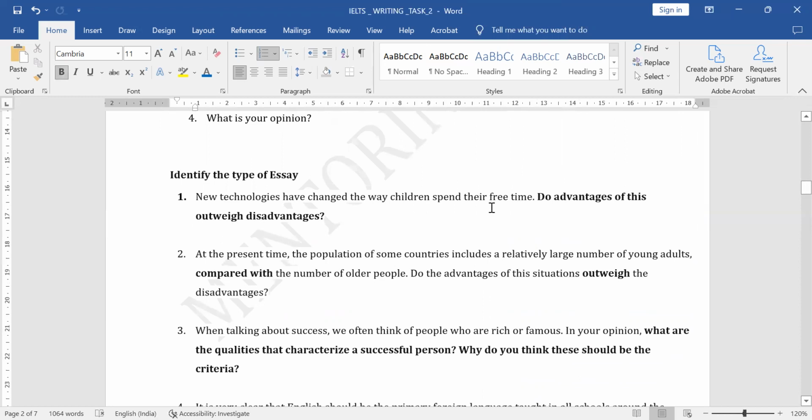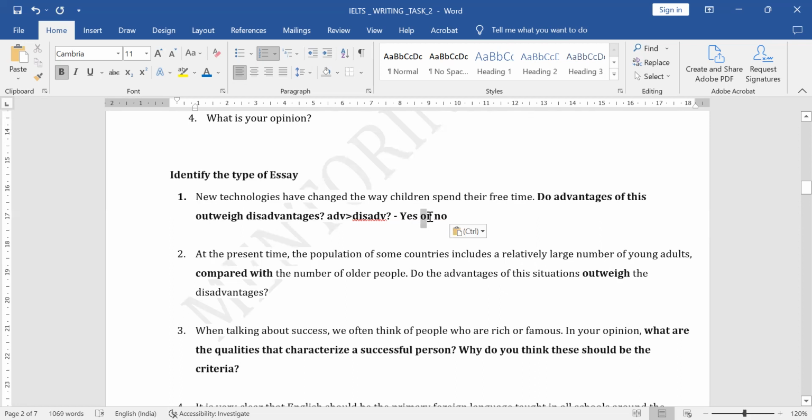If somebody asks in spoken English, the answer is in the form of yes or no. Do the advantages of this outweigh? What is outweigh? Are the advantages more than the disadvantages? That's the question. And my answer would be what? Yes or no. Got it?